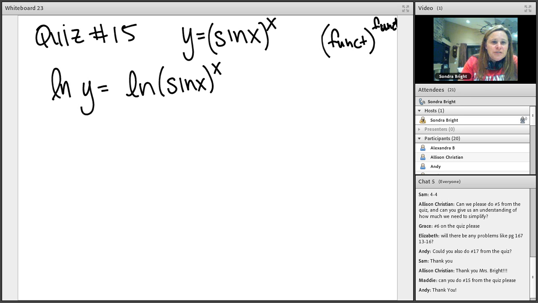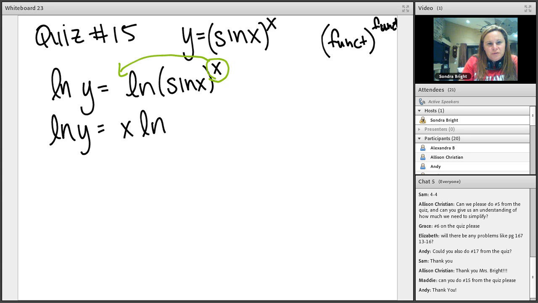Now, the whole reason why we do this is because the laws of logarithms say I can take that x and bring it around front and multiply it instead. So this is x times the natural log of sine of x.